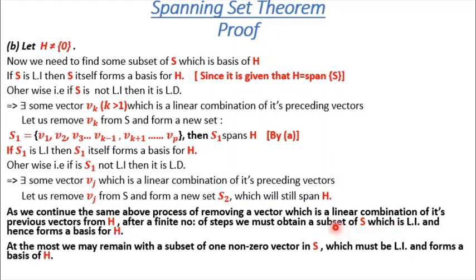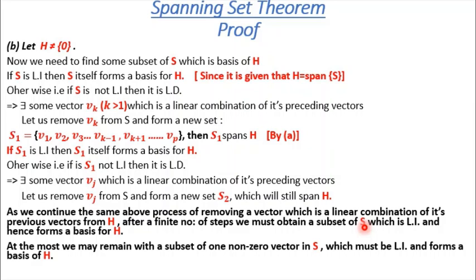For example, let me say this S has some 100 vectors. Then I go on removing vectors one by one. At some step, I claim there must be a set which is LI and spans, and hence forms a basis. Suppose at 50, I removed 50 elements out of 100 and got a set which is LI, then it forms a basis.